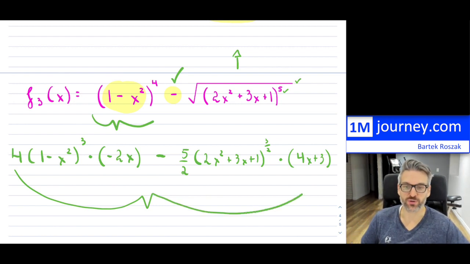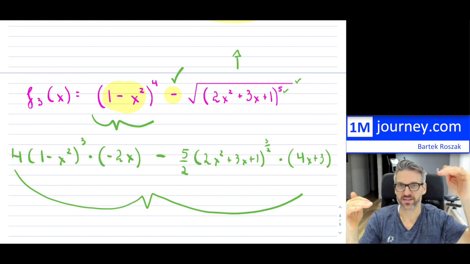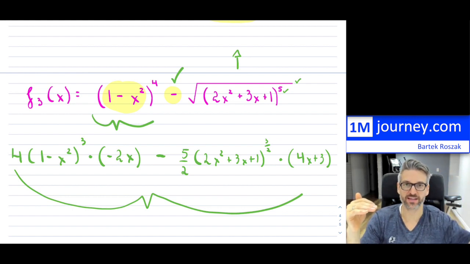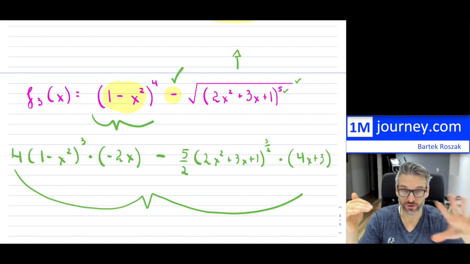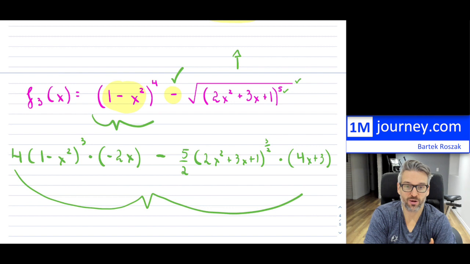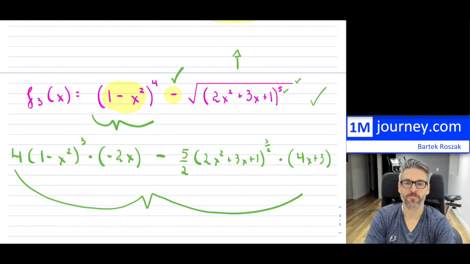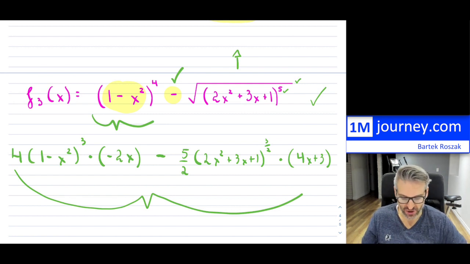And if you had to do this from first principles, where you're setting a limit as h approaches 0, you do your difference of substituting x plus h, then subtracting, and then dividing by h, and then trying to massage that to come up with all of this, it would have been a lot of pain. And it has been generalized that if you do notice the chain rule, then it just makes your life so much simpler. So that is the application of the chain rule.